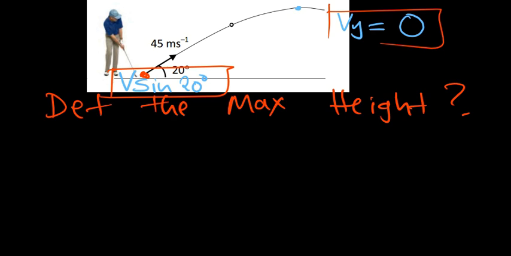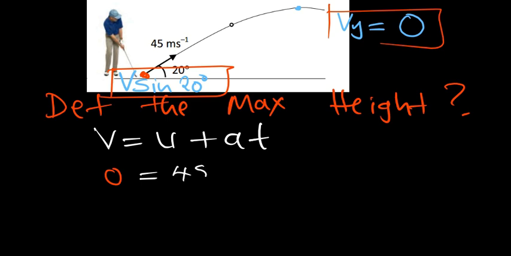So we can actually use that principle to help us determine the time it's going to take, right? If you go to the first equation of motion, v is equal to u plus at, this equation relates the final and the initial velocity. So we've got the final at the maximum height is going to be 0, the initial is v sine 20 degrees, which is 45 sine 20 degrees, and then plus the acceleration as we are going up is negative 9.8, and then the time.